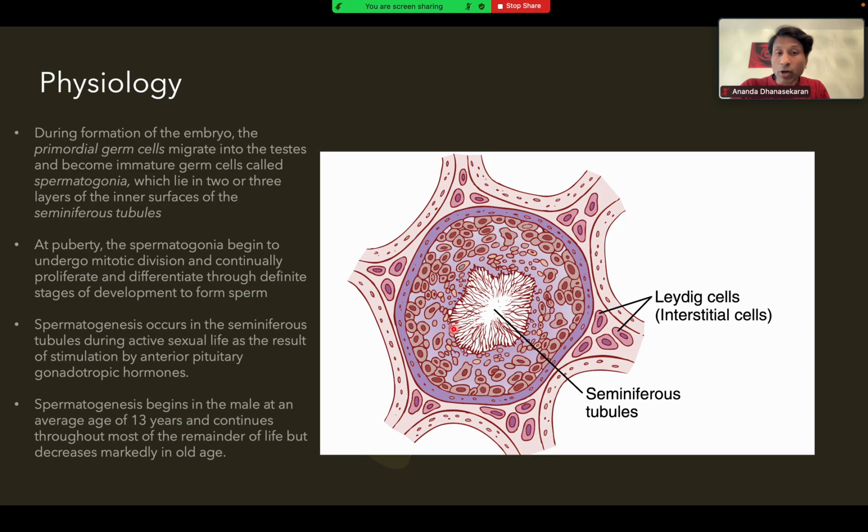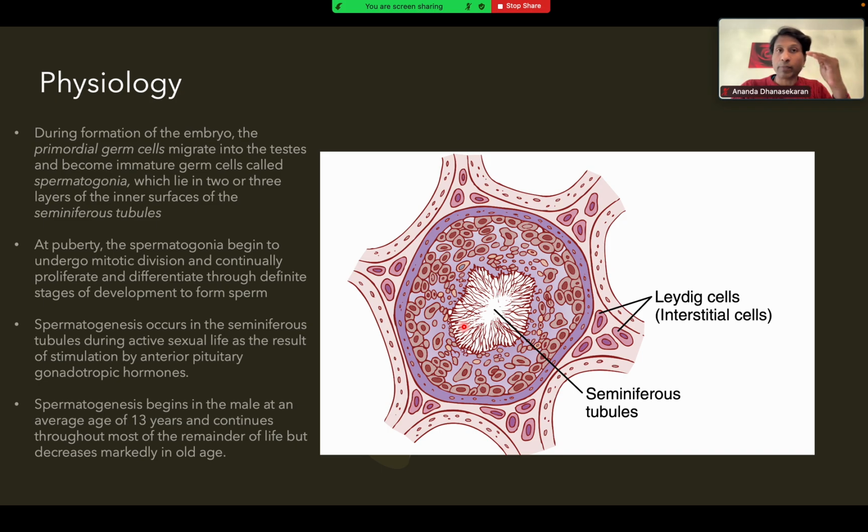There are various hormones responsible for the stimulation from the spermatogonia into the sperm. Usually this starts at an average age of 13 and continues throughout a man's life. But the function of the seminiferous tubules decreases a lot in older age. A man has no specific time period like menopause for a woman.